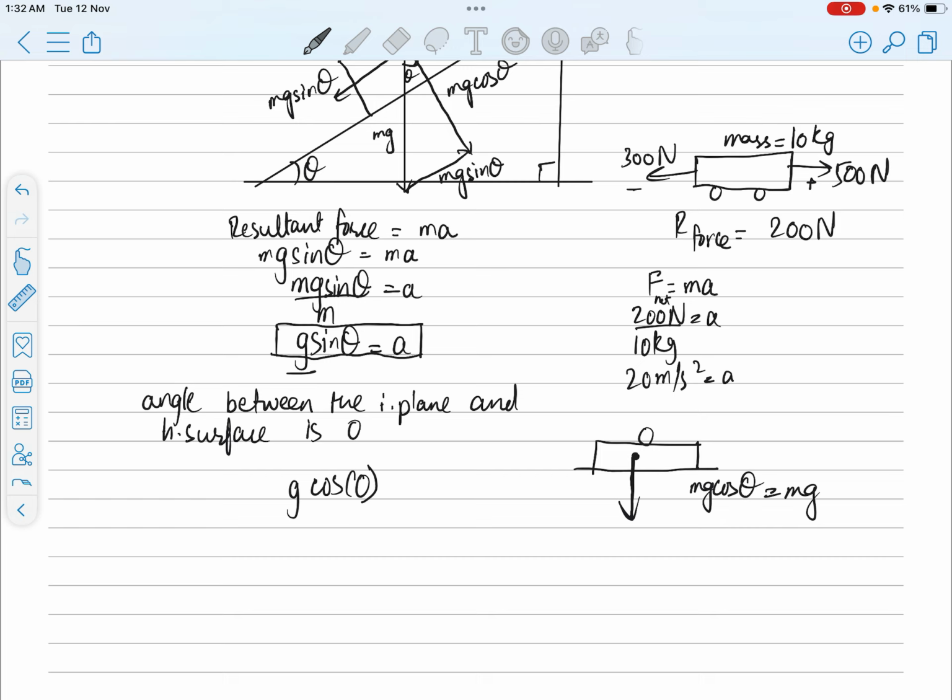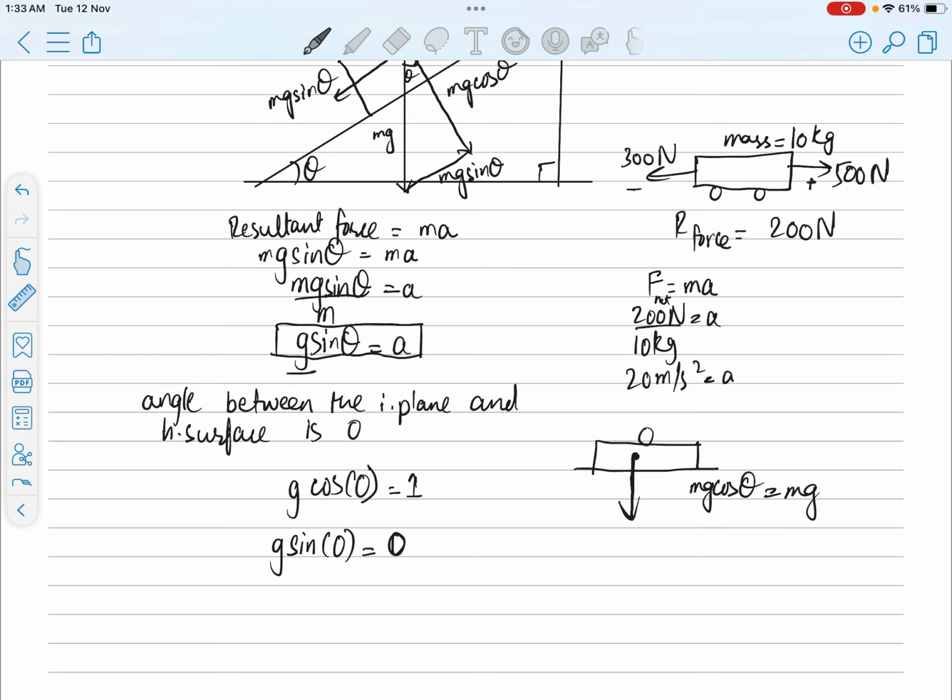So g cos 0 is g. So this actually tells us that on a plane surface, the perpendicular component is actually the weight itself. If we use g sine 0, this will give you 0.